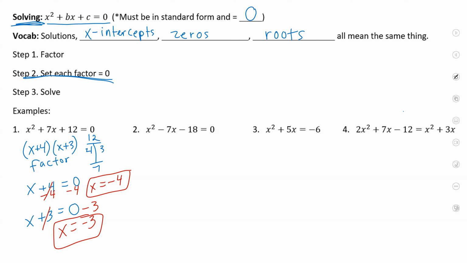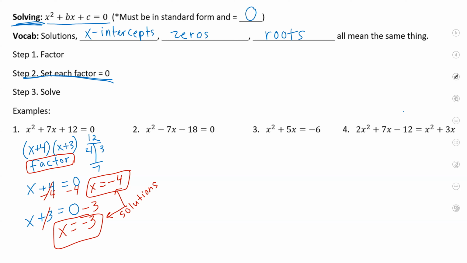So guys, draw an arrow to these two answers. These are called solutions. These are called factors. When they're in the parentheses, those are factors. When you solve, you get solutions. Do you guys see the difference? It's important that you know the difference because sometimes on the test, it might say, what are the solutions? And then they just give me the factors.